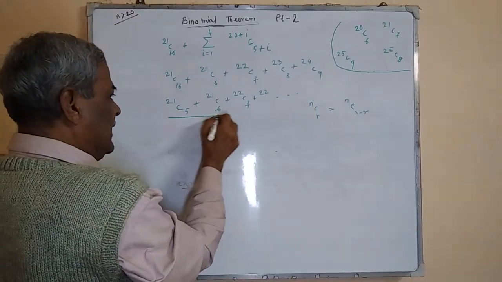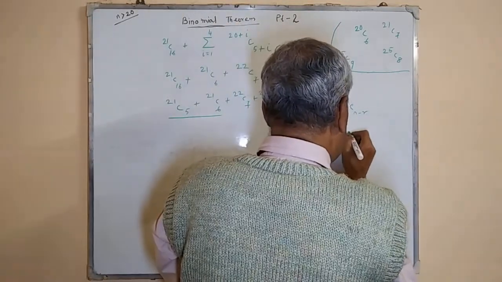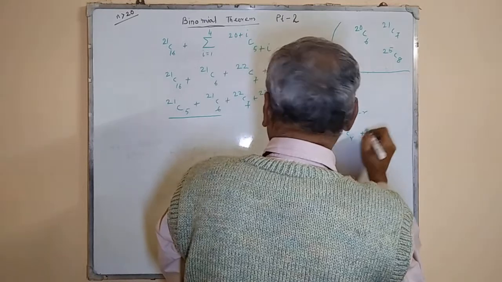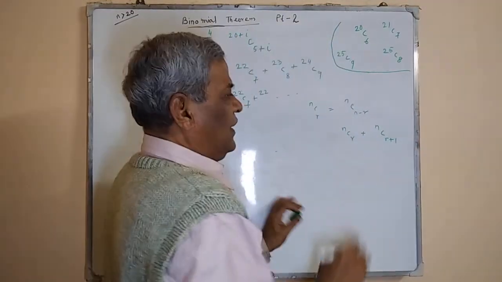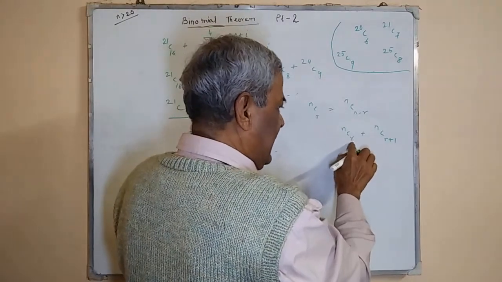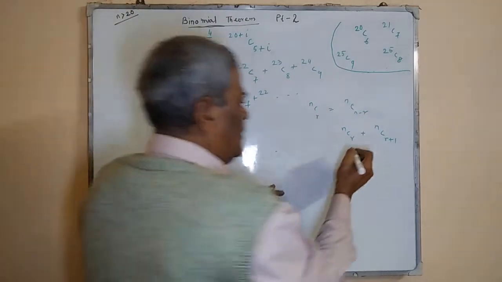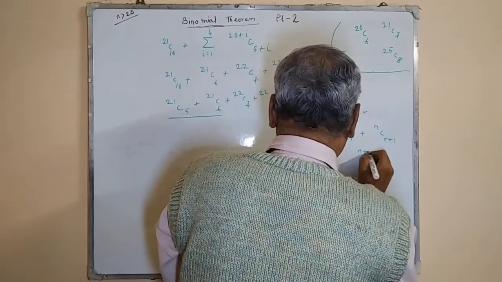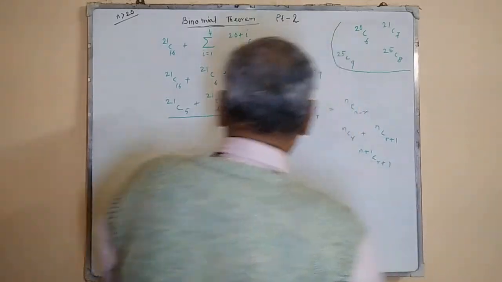Now they together, there is another formula, nCr plus nC(r plus 1). Both are n, and here two consecutive integers. It is equal to (n plus 1) C, the greater one, r plus 1.